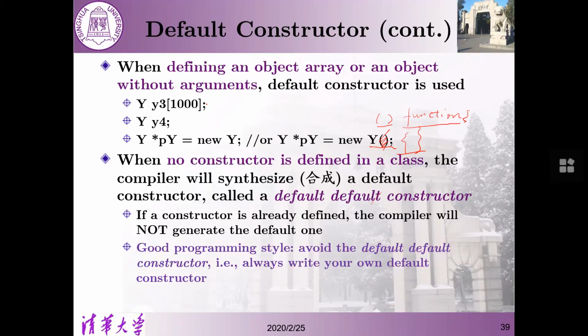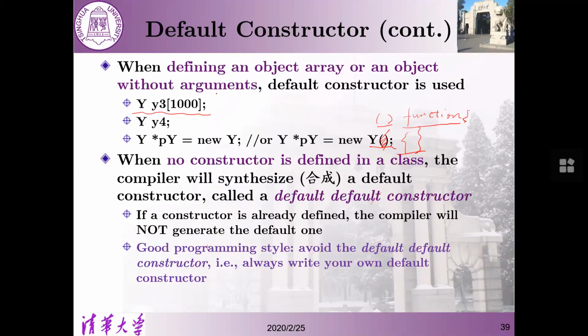This is a good question. If we define an array of 1,000 objects, I think the constructor will be called 1,000 times. But you can do some tests.